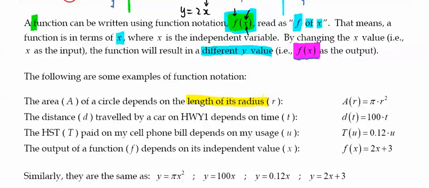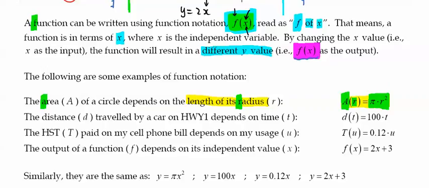And that means the area depends on its radius. So instead of having an expression like f of x equals something else, we can now use the initial for each of the words here to represent having an area function that is in terms of r, and the equation to calculate the area of a circle can be calculated using this.